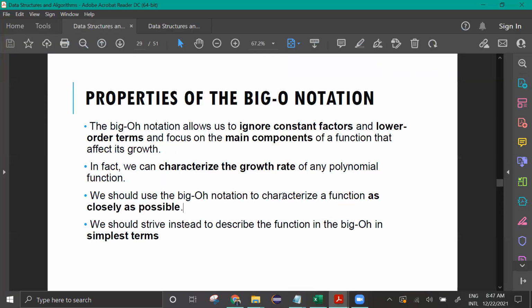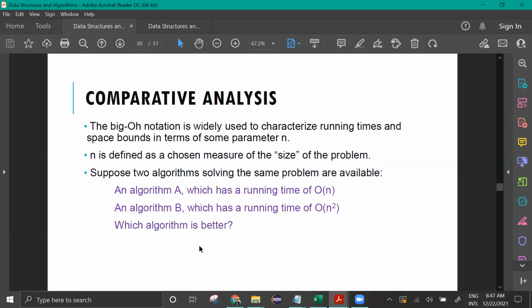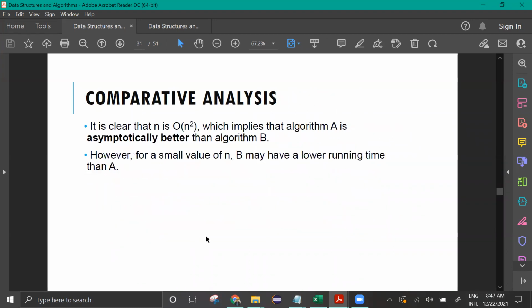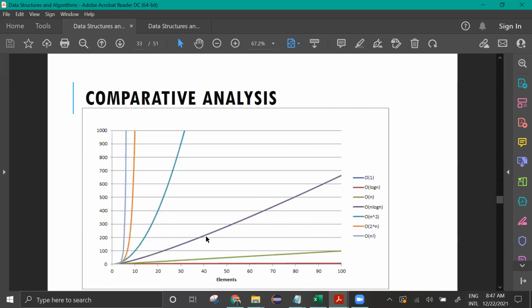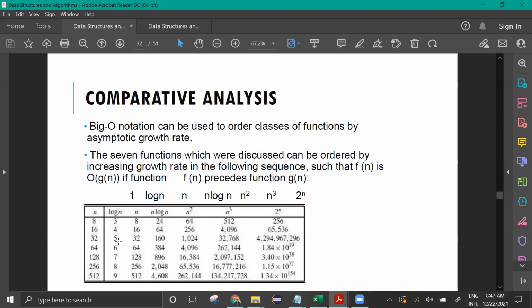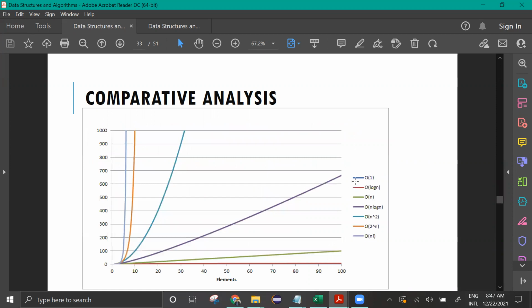They characterize a function, or you can replace this with an algorithm, as closely as possible. So we should strive to describe the function in big O in the simplest terms. Okay, so we are going to use the simplest terms, right? We talked about several functions.